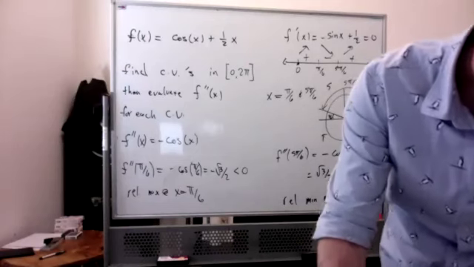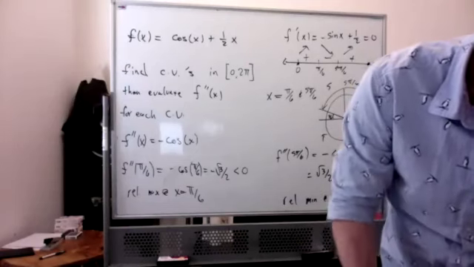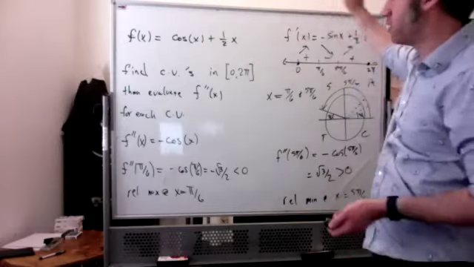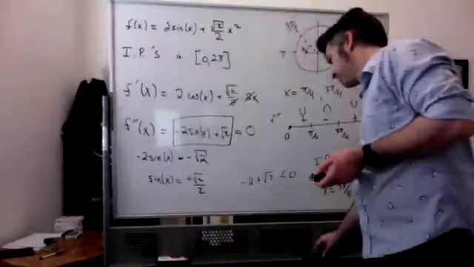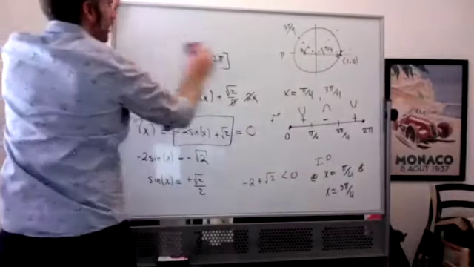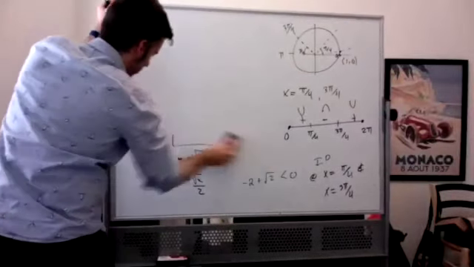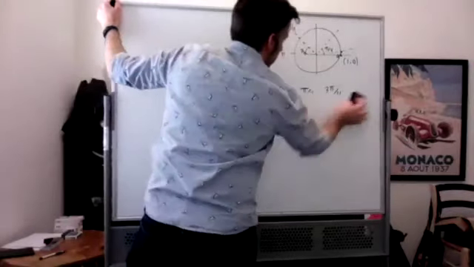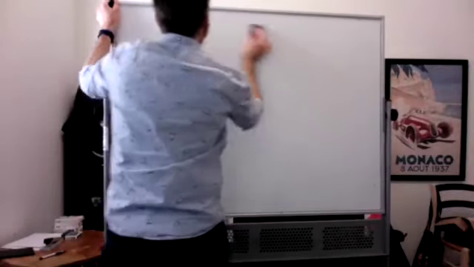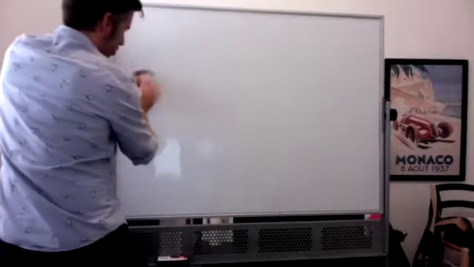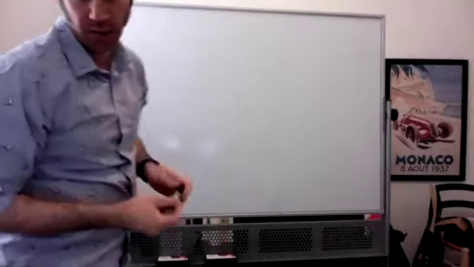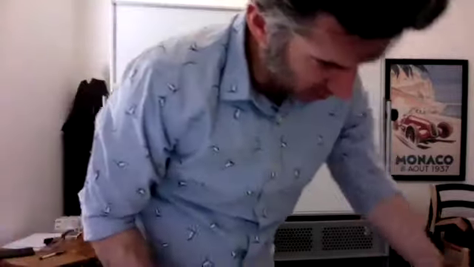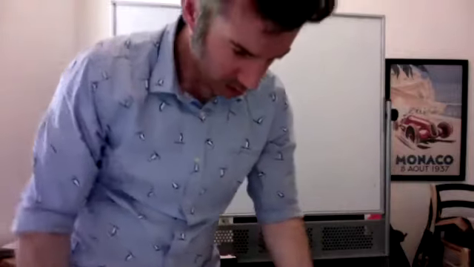Okay. Let us look at some of these optimization problems that people were asking about. Let's do the ones people actually asked about, and then I'll see what I've got.